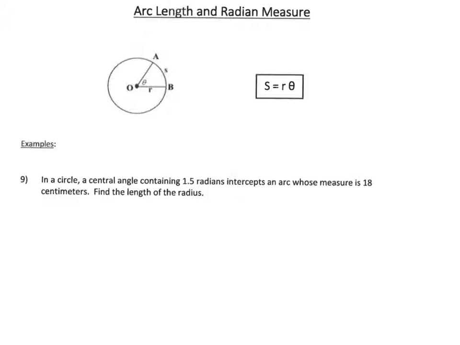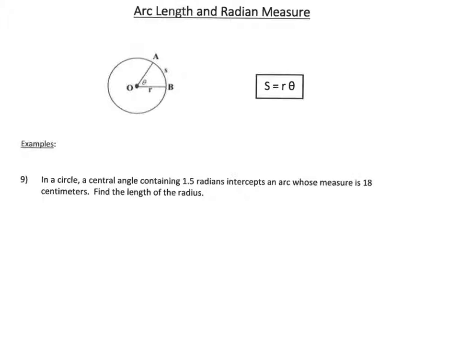Okay, the last thing we're going to talk about today is arc length and radian measure. So if you turn to page 5 of your packet, you'll see we have a formula here. It says S equals r times theta. And this formula relates the arc length to the radius of a circle to its central angle.